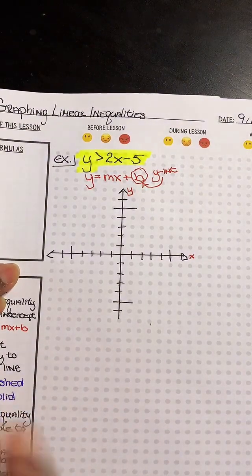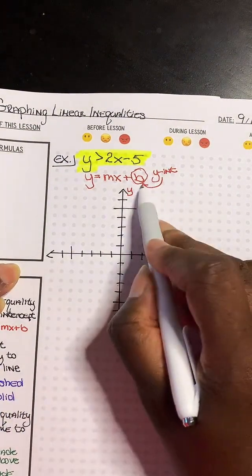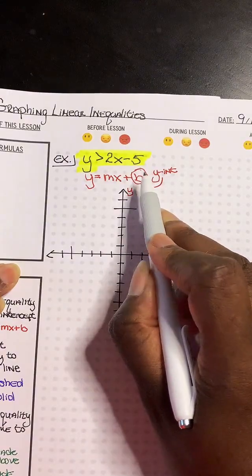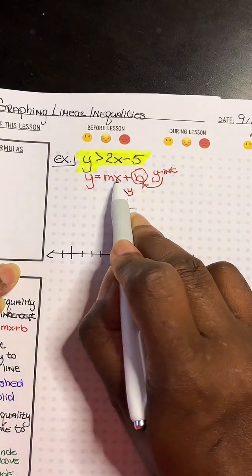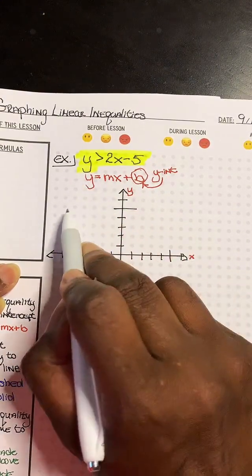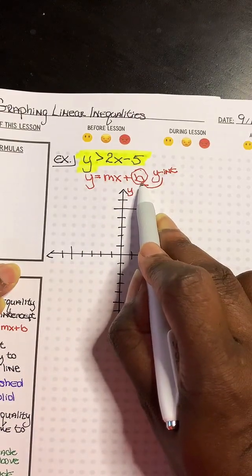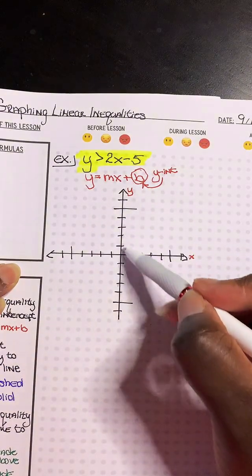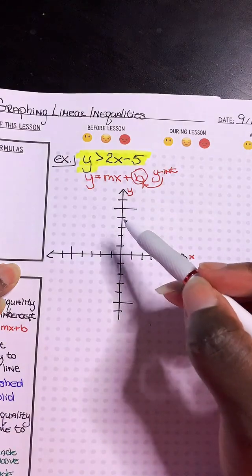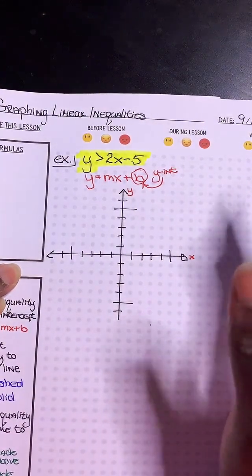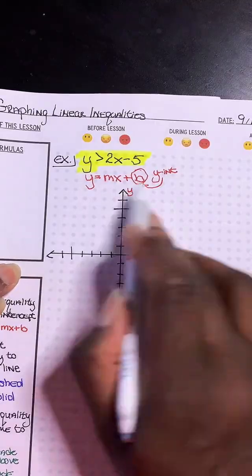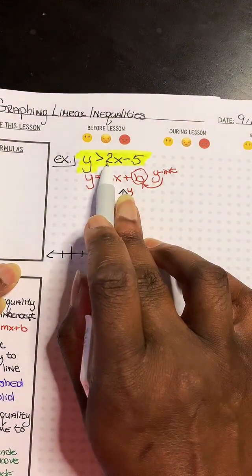So, taking a look, this is where you start. The number that doesn't have an x or y next to it, that's called your starting point on the y-axis. This is where a lot of people are like, I understand the graph, but I never know where to start. You're not starting at the 2, okay?